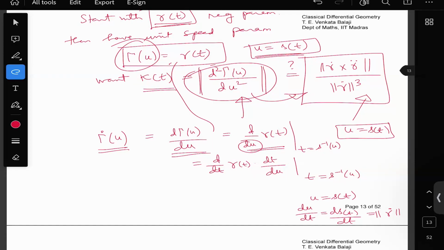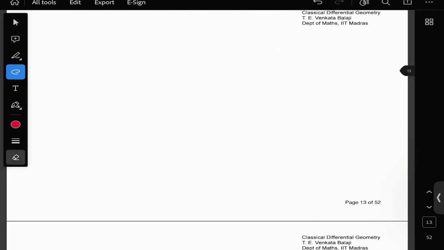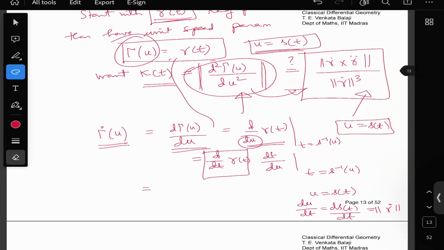Therefore, d by dt of gamma t I can write as gamma dot t. So this will be gamma dot of t times dt by du. Mind you, dt by du is also 1 by du by dt.